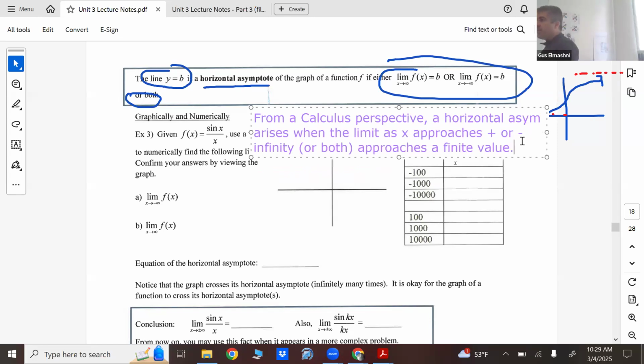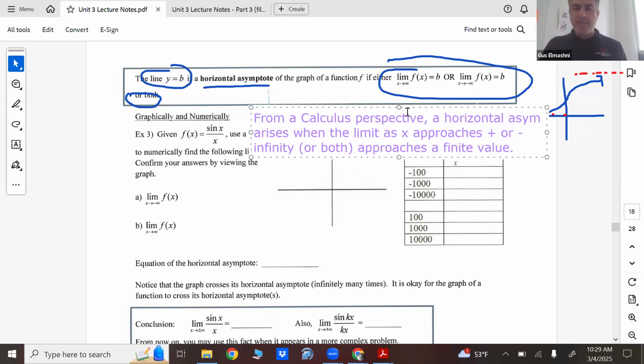That's really what a horizontal asymptote ever is. From a limit or calculus perspective, it arises when the limit as x approaches positive or negative infinity, the limit itself approaches a finite value. So that's all it ever is.